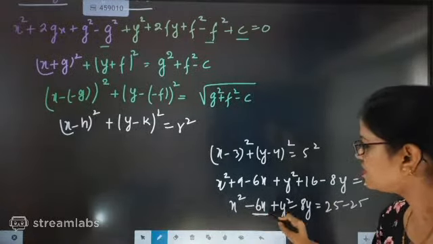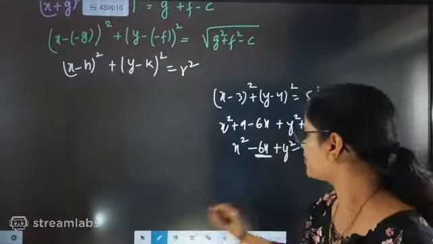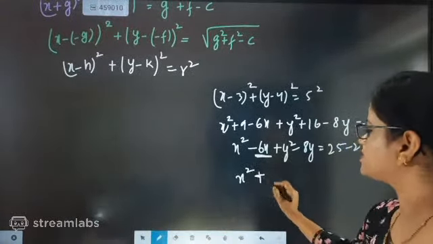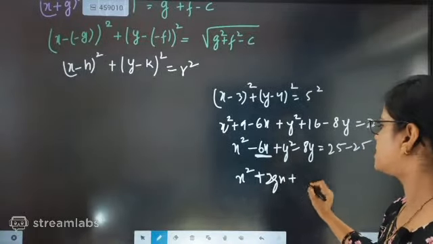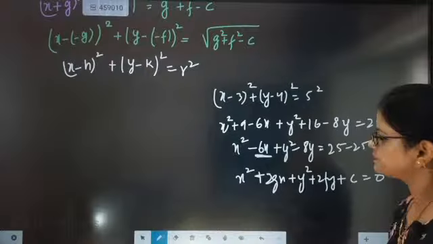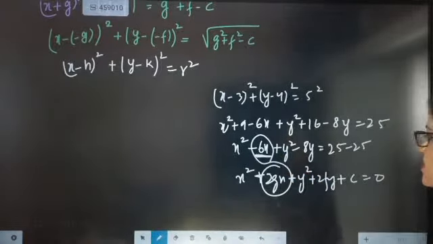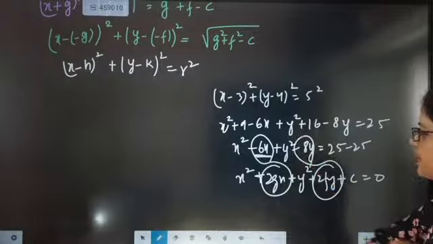So here you see, if you compare this equation, then it is coming as x square plus 2gx plus y square plus 2fy plus c equal to 0. Now look here, this 2gx part is nothing but minus 6x, and 2fy is nothing but minus 8y.